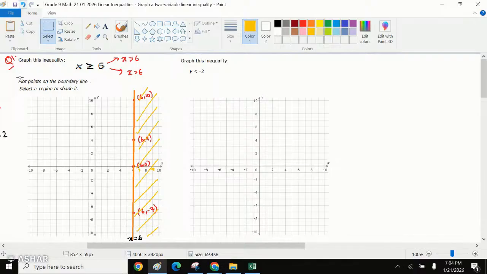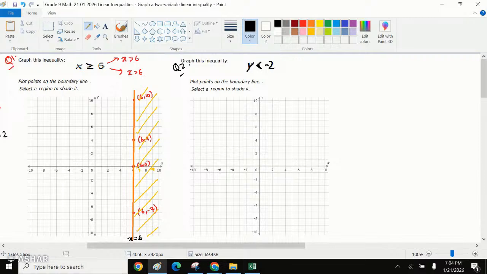If this is the given information, this is the given inequality. In question number 2, it simply says y is less than -2, right?